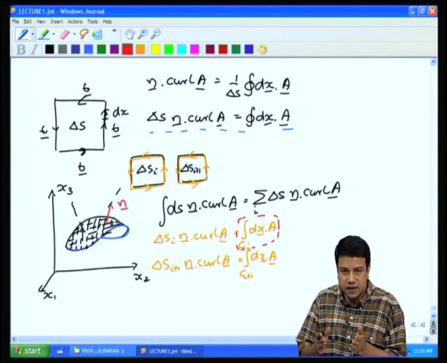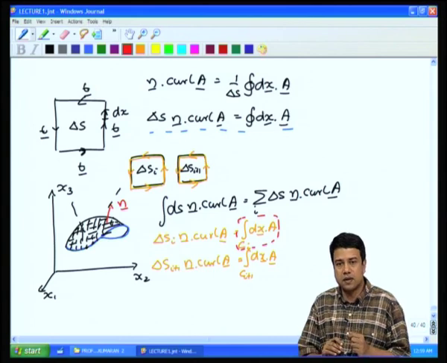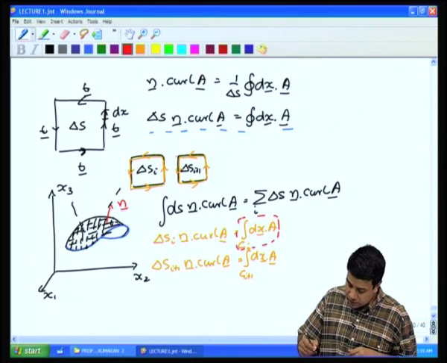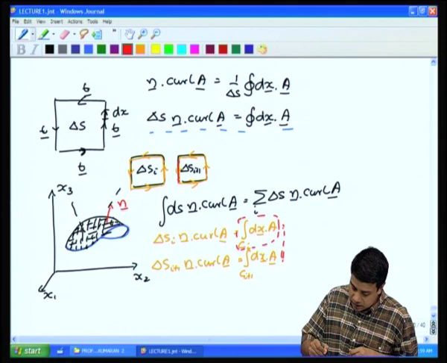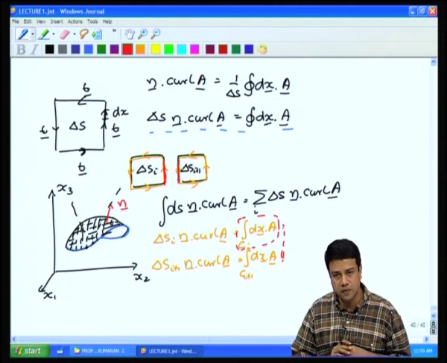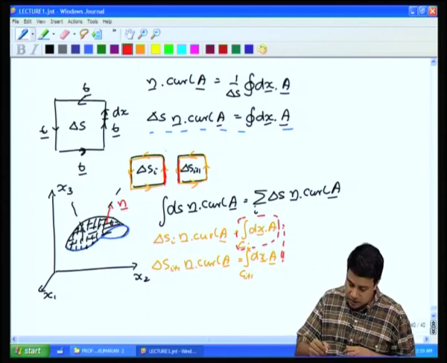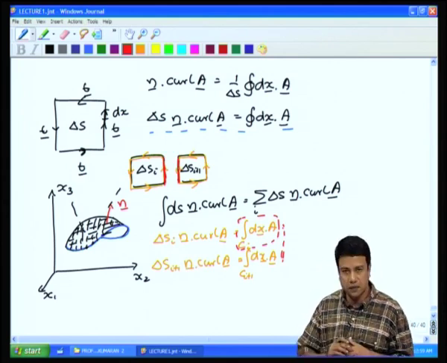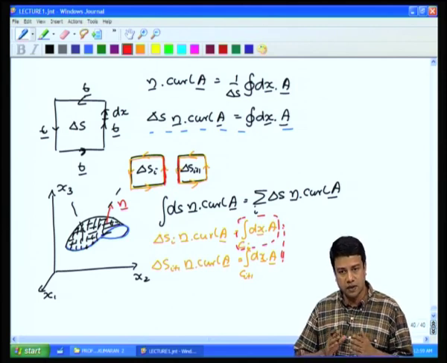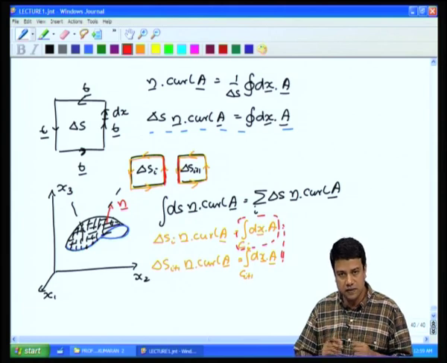My x vector is upward for the left side, x vector is downward for the right side, because according to the right hand rule I am going in the anti-clockwise direction. So, the values of this contour integral on this one and this one are equal in magnitude and opposite in sign, and therefore, they will exactly cancel out. That is true for all pieces of the contour that are in between any two adjacent surface patches.